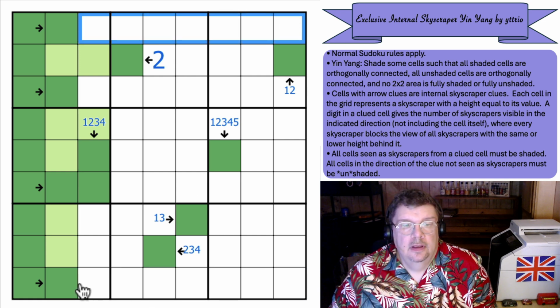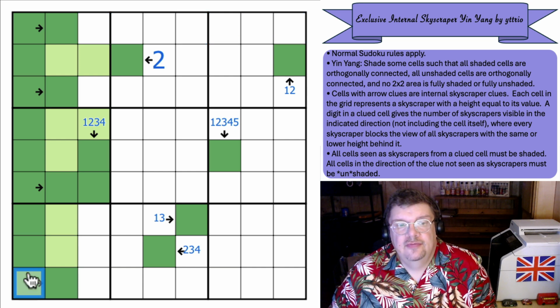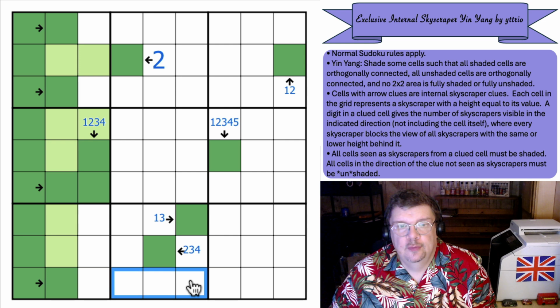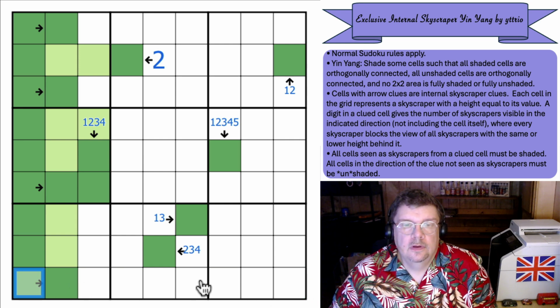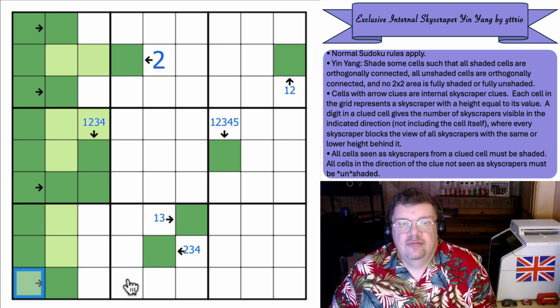Now, what I have just seen is that if this is an 8, we go 8, 1, 2, 3, 4, 5, and in particular, it's the 3, 4, 5 that would go in there that's important. That would be 3, 4, 5, 6, 7, and 9. That's how this row would complete if that were an 8 and all this was shaded. That 3 here is going to mean that that is a 1.